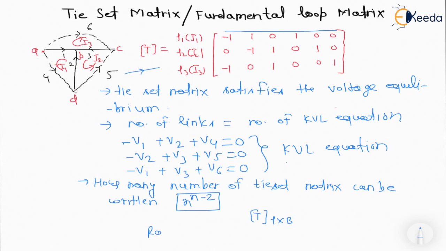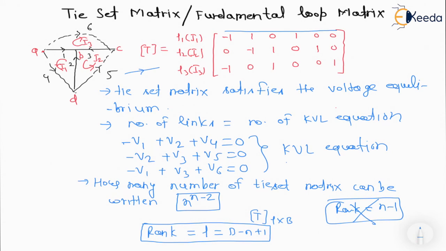And the rank of the tie set matrix will be equal to L, and that will be equal to B minus n plus 1. Always remember, we have seen that for many kinds of graphs the rank of the matrix was n minus 1, but not in this case. In this case the rank of the tie set matrix will be equal to B minus n plus 1. So that is all about the tie set matrix. Thank you.